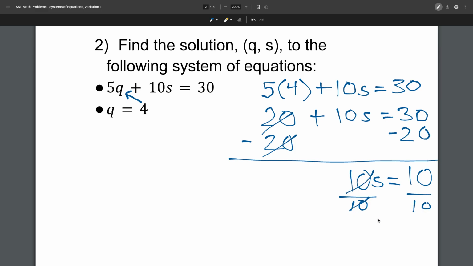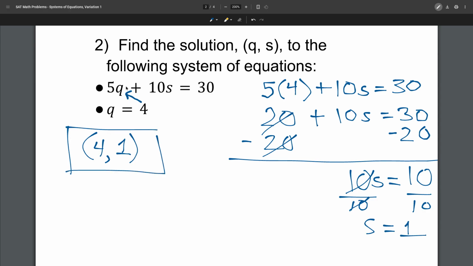These will cancel here. And we got s equals 1. So our solution here is going to be 4, 1. And again, you could put this into Desmos. Instead of q, you'd use x, and instead of s, you'd use y.